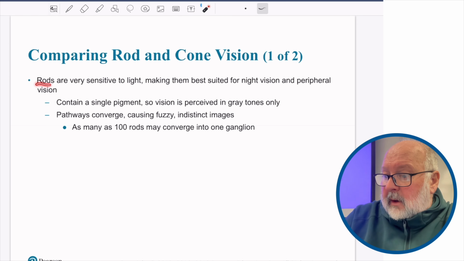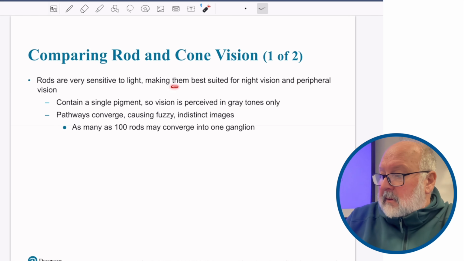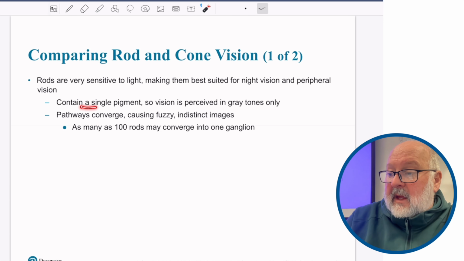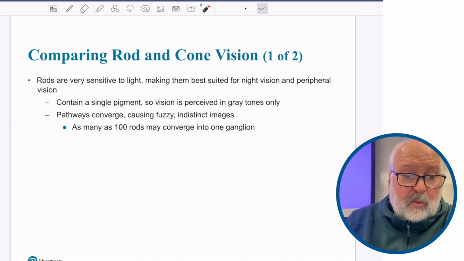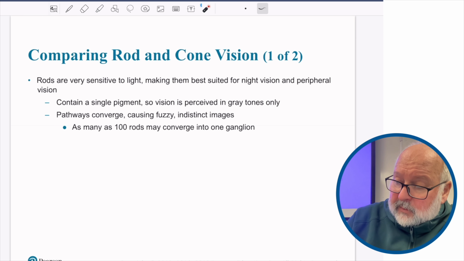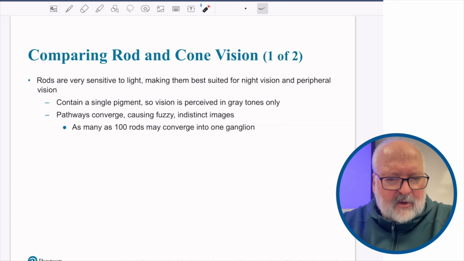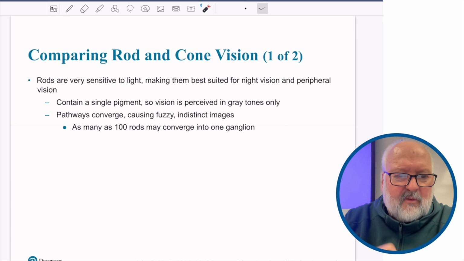So rods, very sensitive to light, great for night vision, peripheral vision, and they contain a single pigment. So vision is perceived in gray tones only. And as we said earlier, the pathways converge, which can cause sort of the fuzziness. You lose some of that visual acuity, the sharpness of the image.